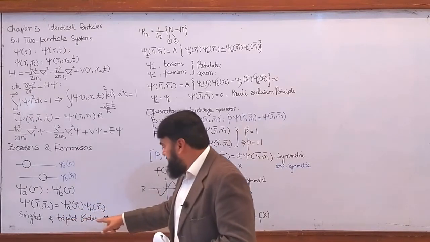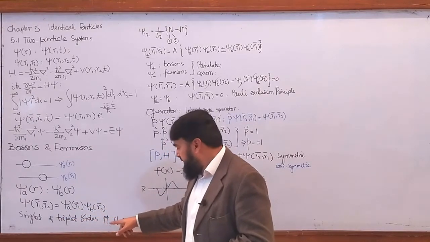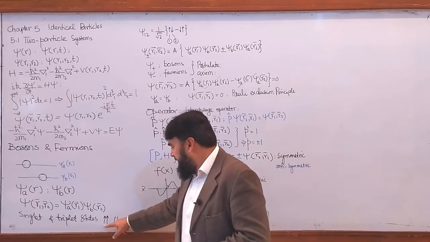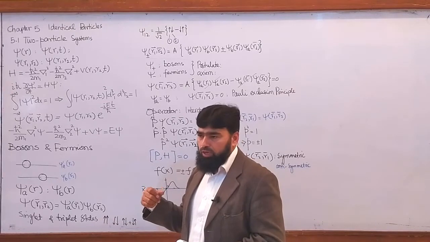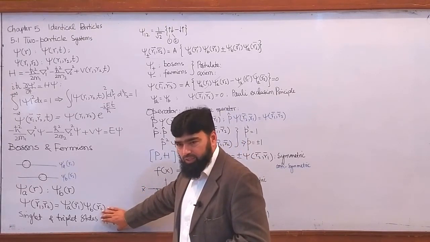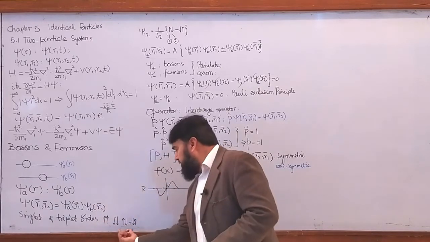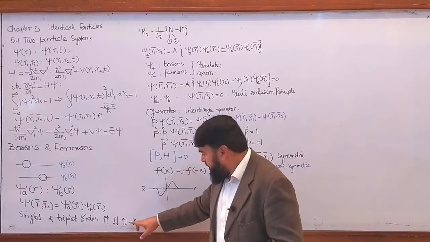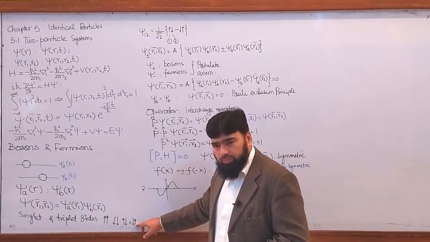When you were considering the triplet state, this state and this state, both are up or both are down. This is not a coupled state; you have just made them up and down. This one is coupled. Look here: up and down, plus down and up.